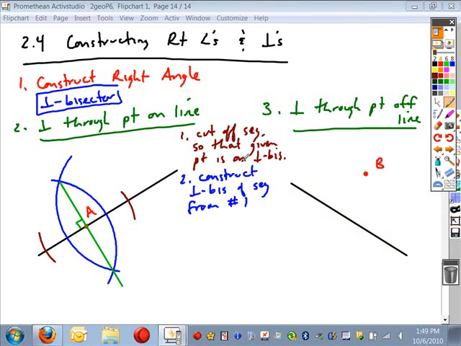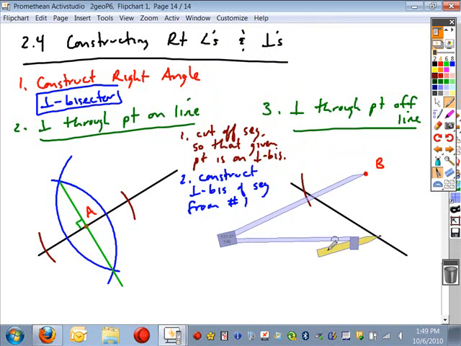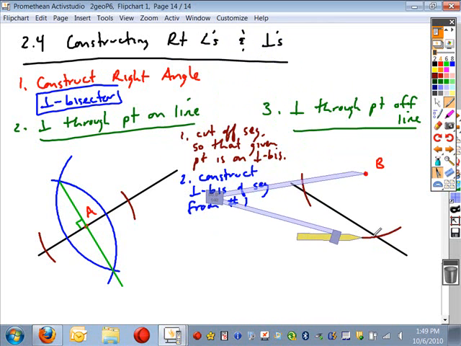So step one, cut off a segment so that this given point lies on the perpendicular bisector. So to do that, place the compass tip on my given point, construct an arc that cuts off this original segment into a new segment where B is going to be on that perpendicular bisector.